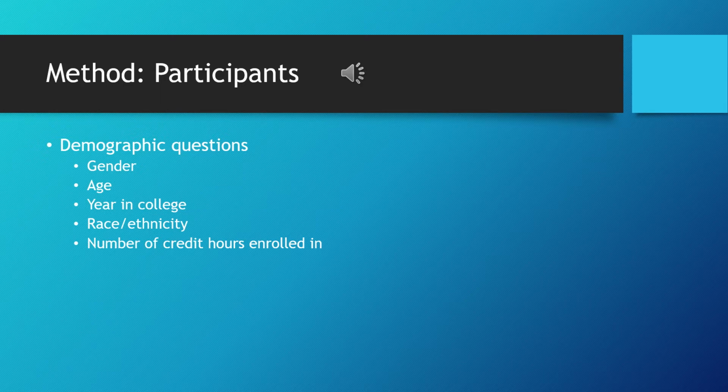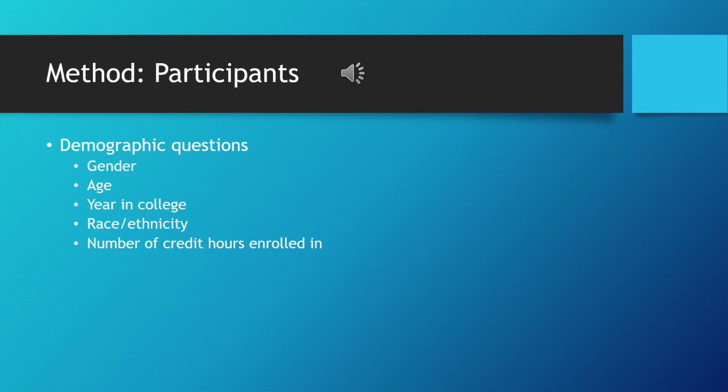We found that 24 of our participants identified as female and 7 identified as male. Participants' ages range from 17 to 26 years old, with majority of participants ranging from 18 to 21 years old. We also found 12 participants were freshmen, 7 were sophomores, 9 were juniors, and 3 were seniors.